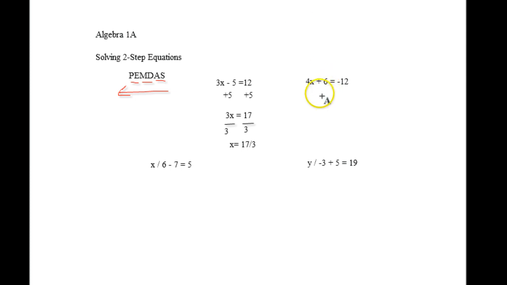Alright, so on this one, instead of starting out with addition first, we do subtraction because we see an add 6. So we subtract 6 from both sides, and we get 4x equals negative 18. Then we divide both sides by 4.